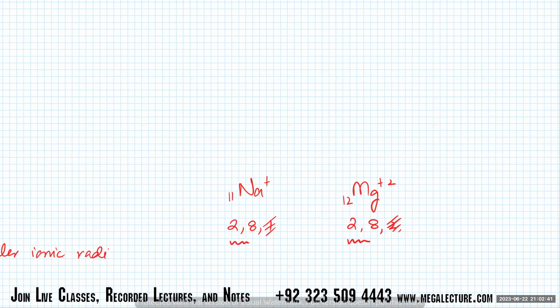So how did I determine that Mg is the one that's smaller in size? That's what I'm saying, they have exactly the same number of shells, the same electronic configuration, but the ions differ. So how do you determine that Mg is smaller?